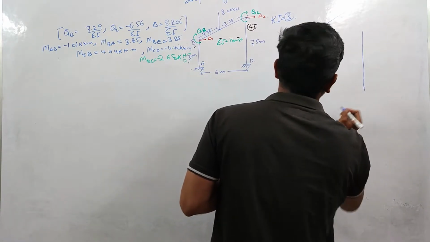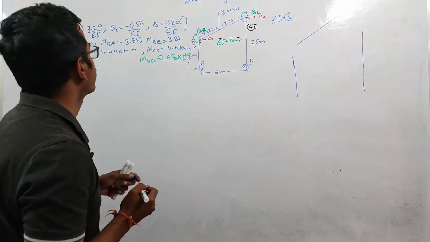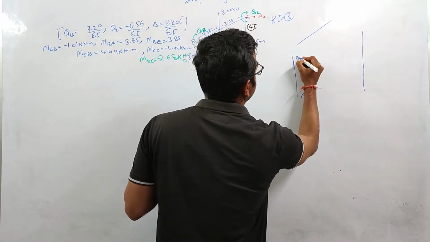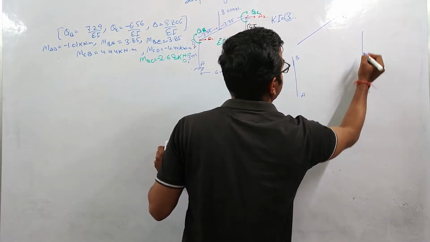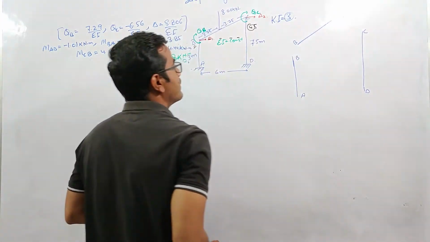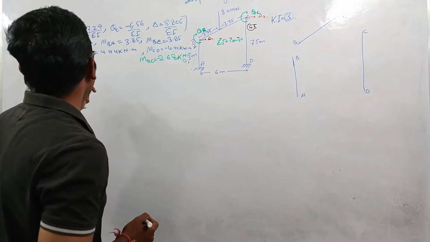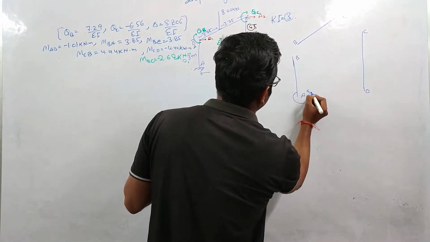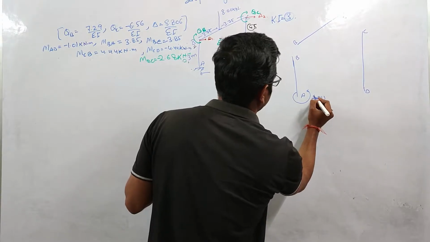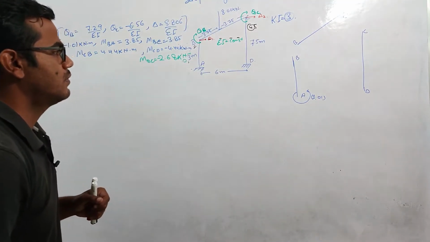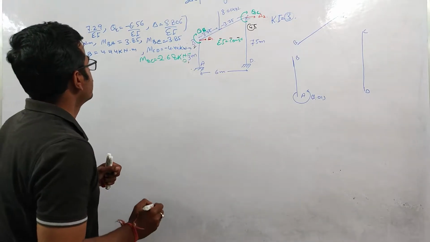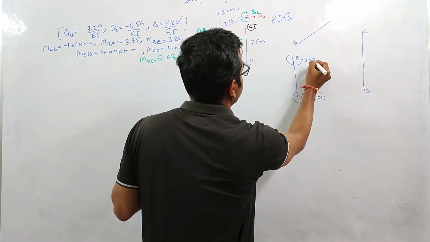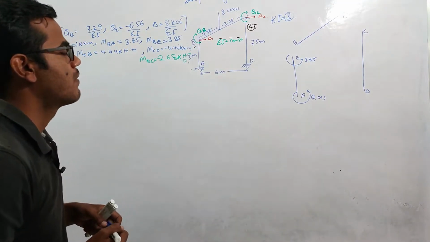This is A, this is B, this is C, this is D, and again this is C, this is B. MAB is minus 1.01 and its value is negative, so this value is 1.01. The value of MBA is 3.85 and it is clockwise, 3.85.